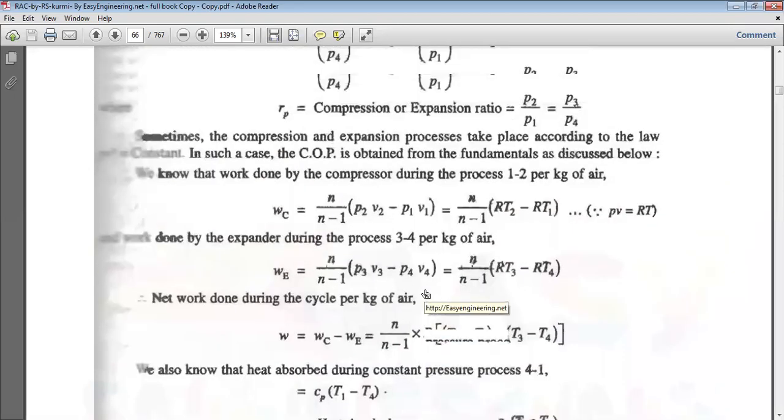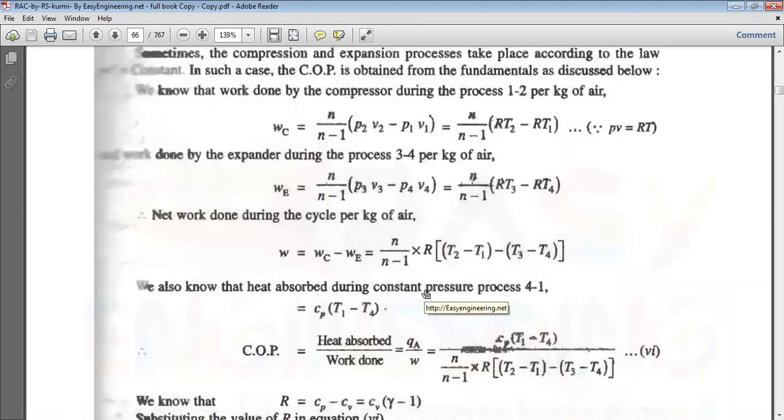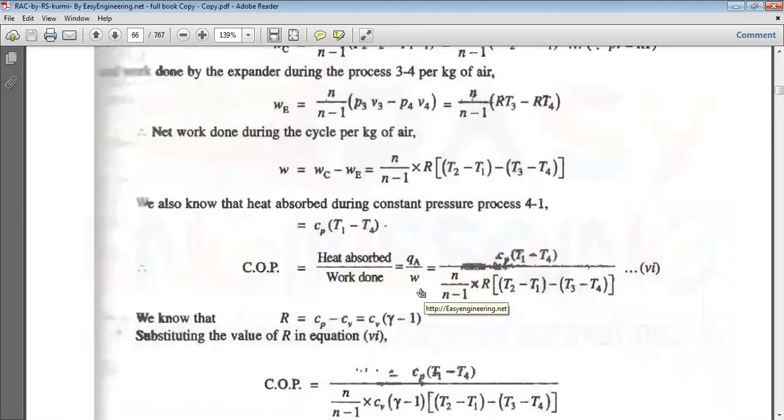In which process is heat absorbed? The 4-1 process. In the refrigerator, heat is absorbed, and it is a constant pressure process. The heat absorbed formula is Cp into T1 minus T4. That is the rise in temperature; heat absorbed means rise in temperature, and delta T is final minus initial.